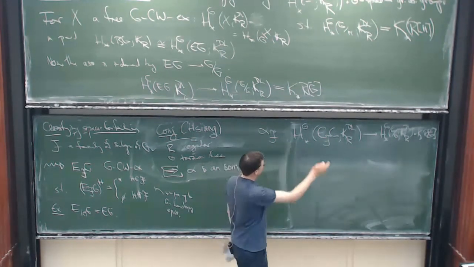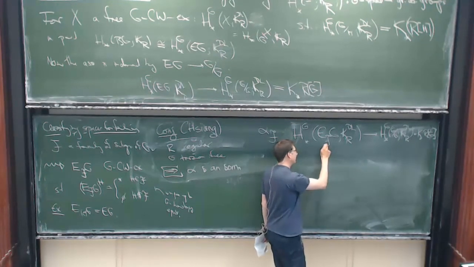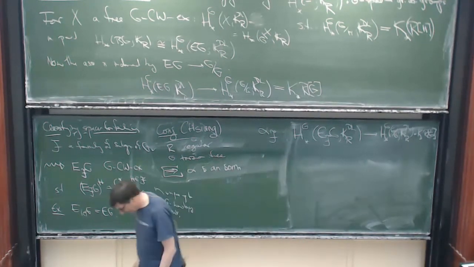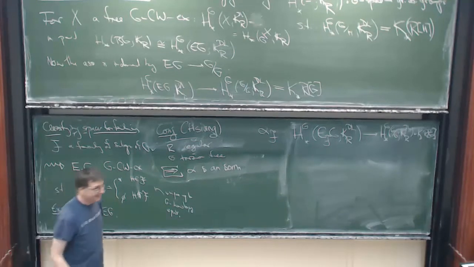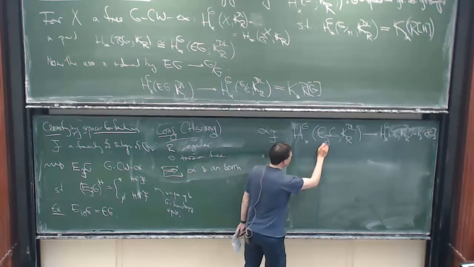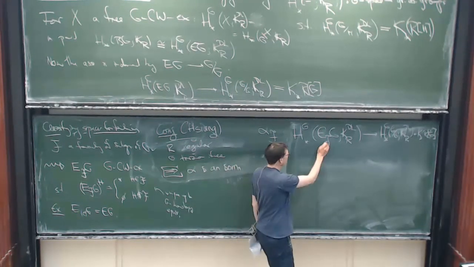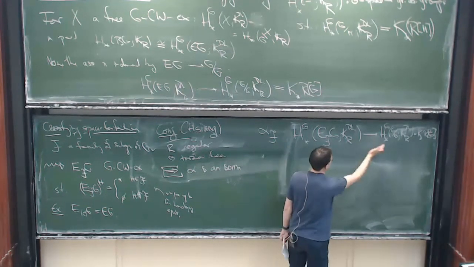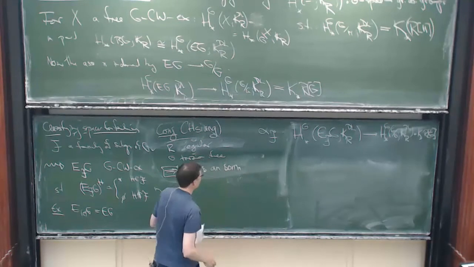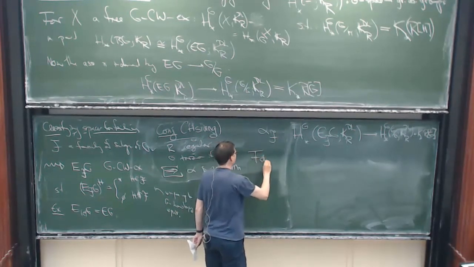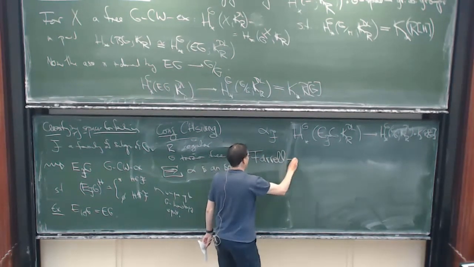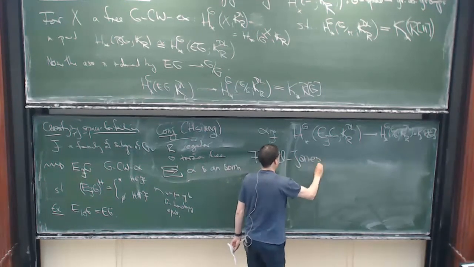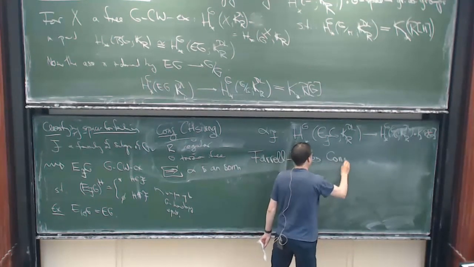So for this to be useful, we should be cheap about which groups we allow here. The fewer groups we allow here, the less complicated the spaces, the more useful it would be to have this comparison map. Okay, and this is then what Farrell-Jones conjectured.